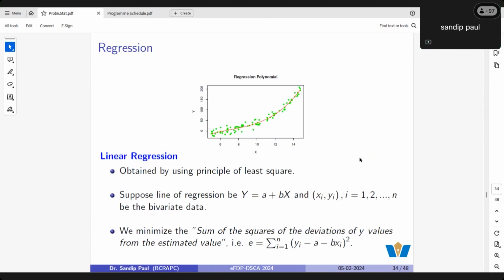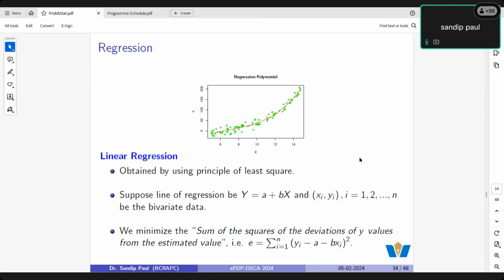Next is regression. In the case of correlation, we checked whether there is any relationship between the data or not. Now in the next case, we will study what type of relationship they have. In that diagram, you can see we have plotted all the points, and if we draw a line through those points, we get a curve, and that curve is drawn through some rule.